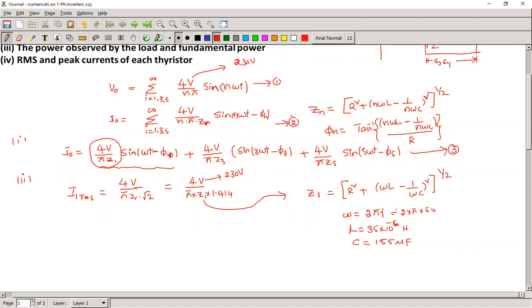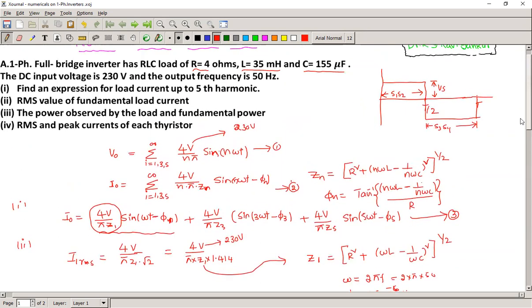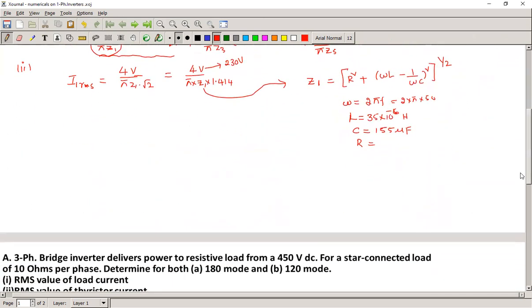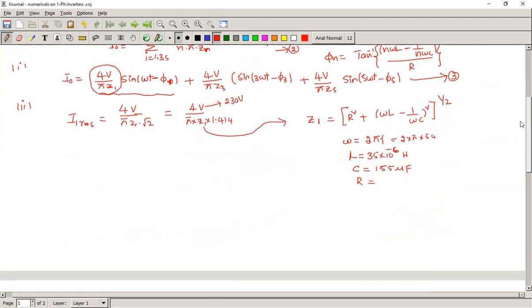R value is also given. In the problem everything is given. R equal to 4 ohms.